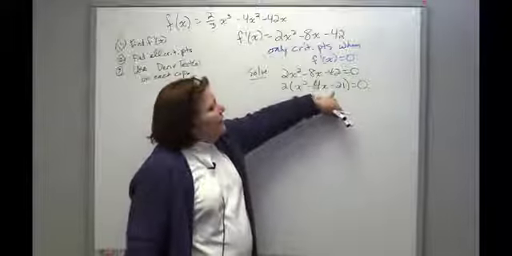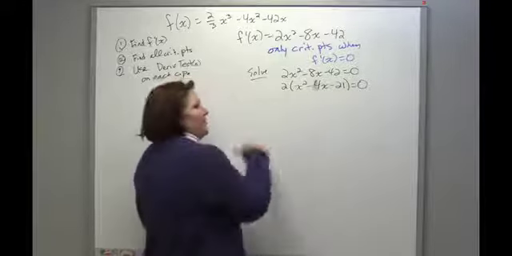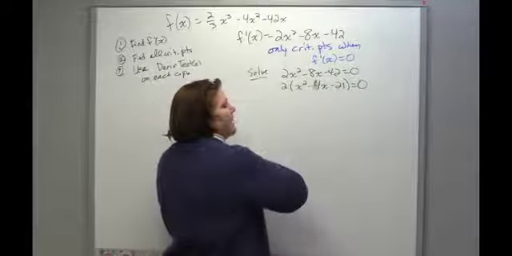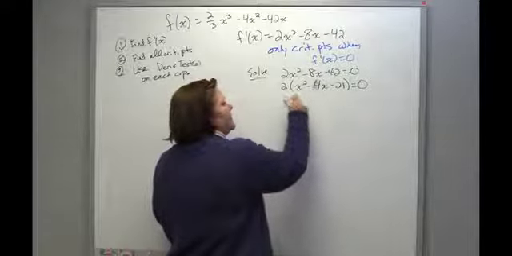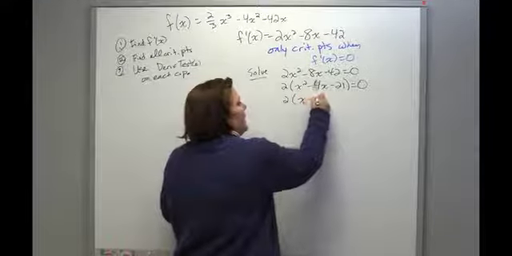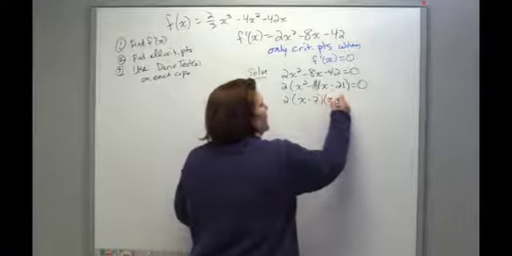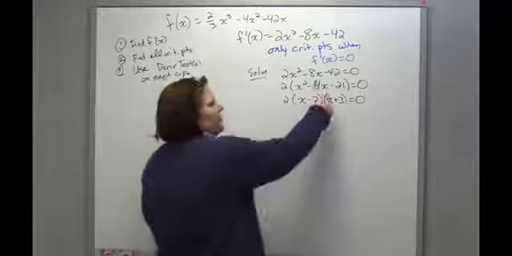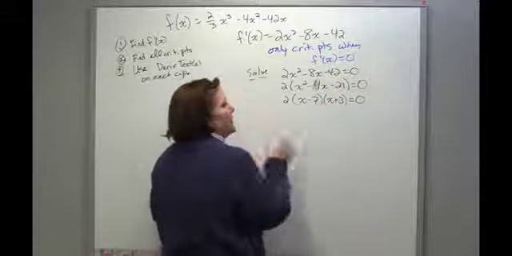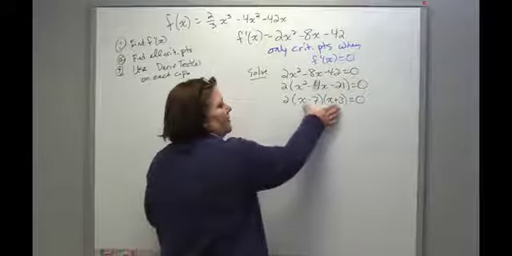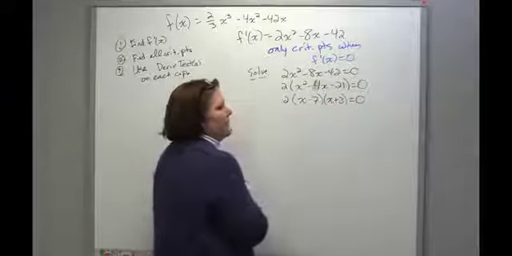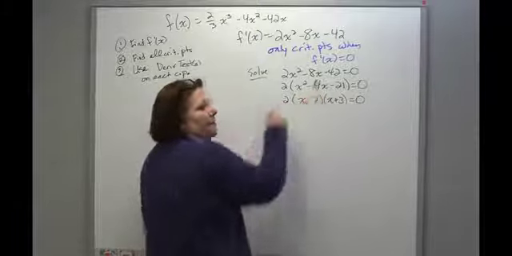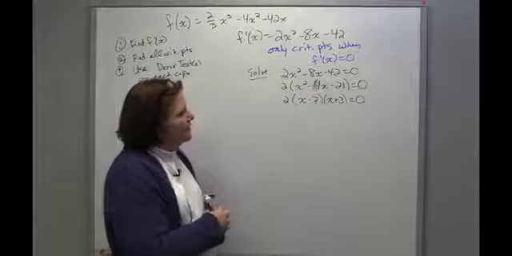So for here, I'm not going to go through all the processes of trying to figure out that this factors to 2 times the quantity x minus 7 and the quantity x plus 3. And that will give you a constant term of minus 21, and the two middle terms give us a middle term of minus 4x.